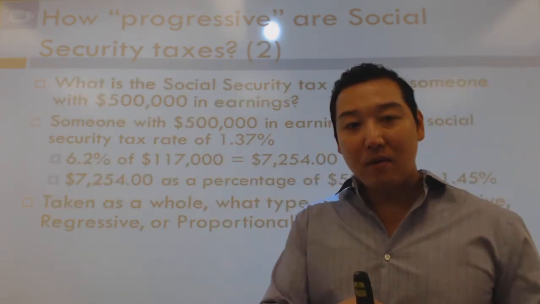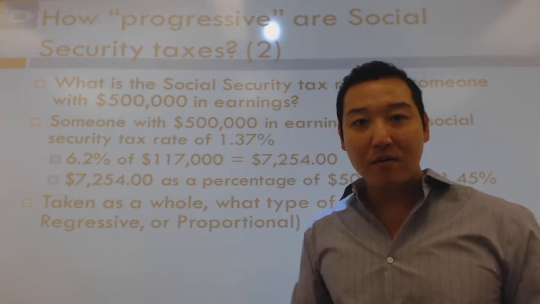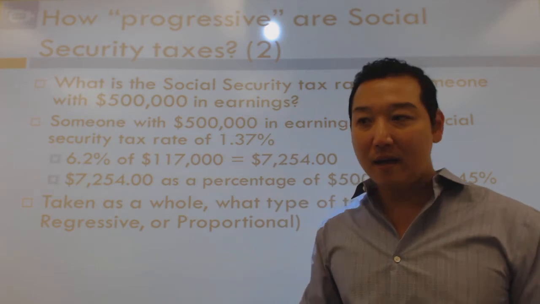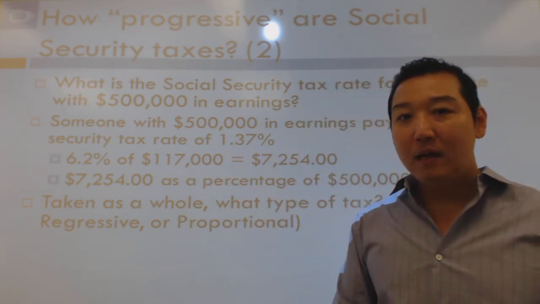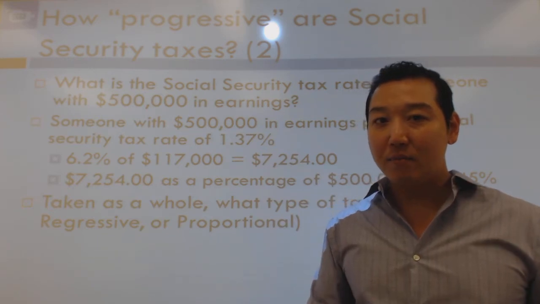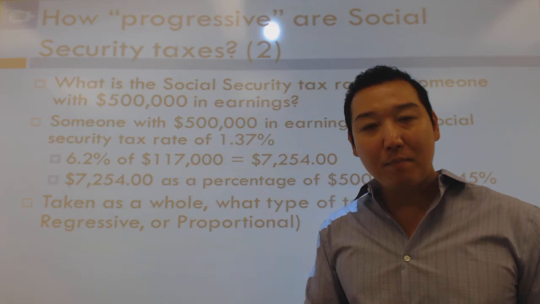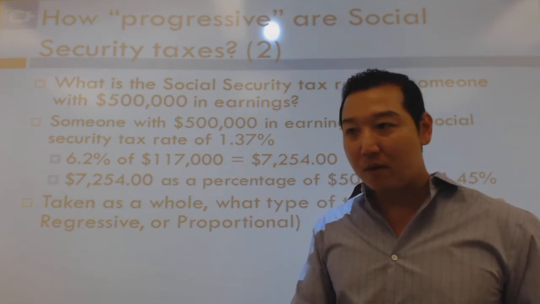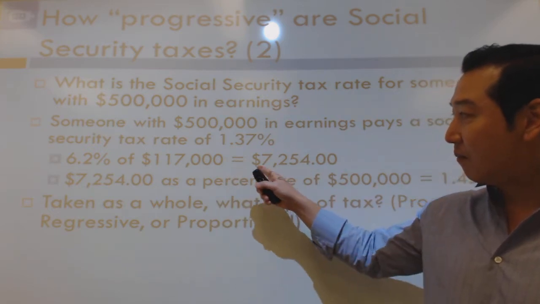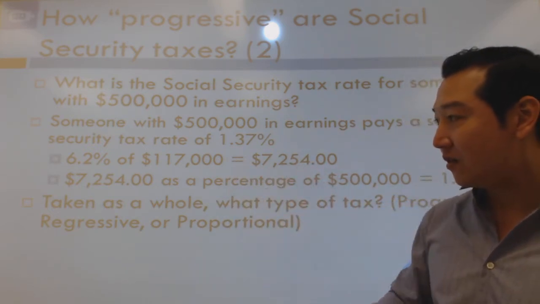But when you get to people who are earners beyond that capped amount, so if you have people making more than $117,000, let's say, as I note here in your slides, a $500,000 worker, and we're still assessing the progressivity of the overall tax structure, note that this person will pay 6.2% up to the capped amount we noted before, so 6.2% up to $117,000. That amount calculated is actually $7,254.